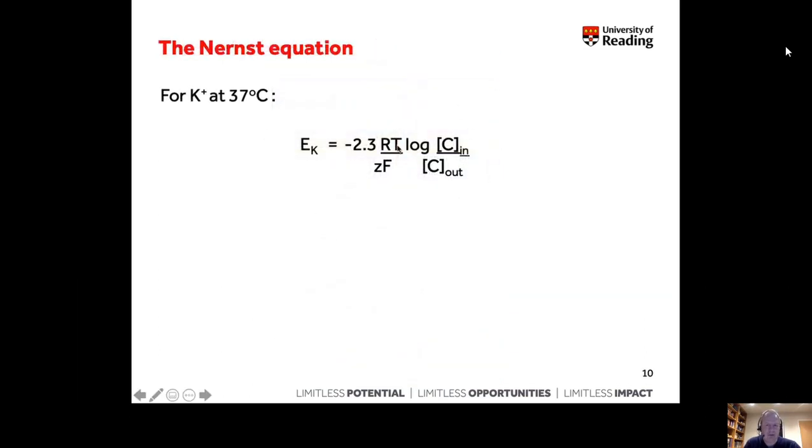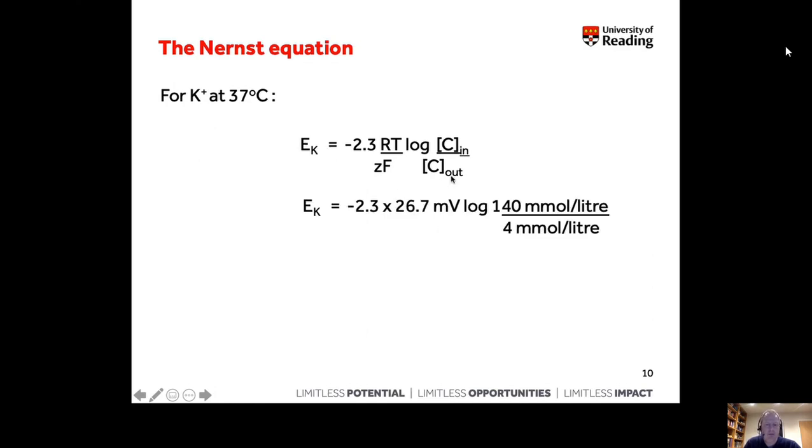As we said, it's more usual to use log to the base 10 rather than natural log, so we'll do that here. If our task is to calculate the equilibrium potential of potassium at our normal body temperature, 37 degrees C, we can plug all of the numbers into the Nernst equation and calculate the equilibrium potential for potassium, EK.